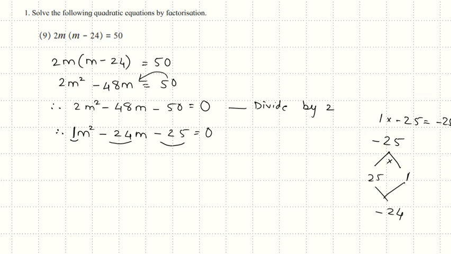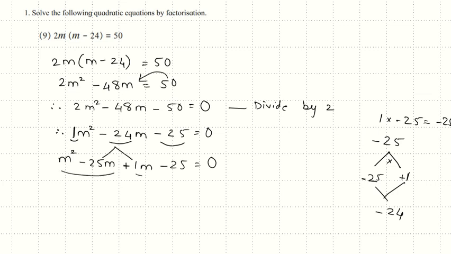So if we write it as minus 25 plus 1, 25 minus 1 is 24, sign of the bigger number is minus, and minus into plus will give us minus 25. Therefore, this can also be written as m square, this 24 is written as minus 25m plus 1m minus 25 is equal to 0.